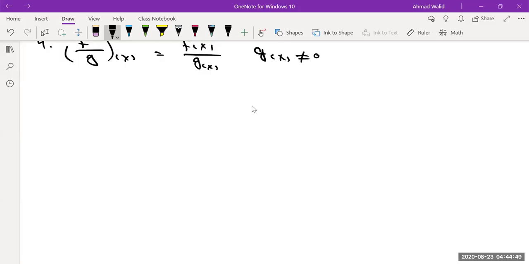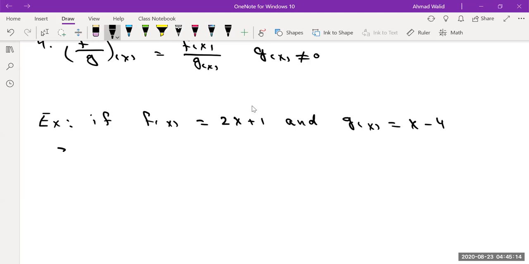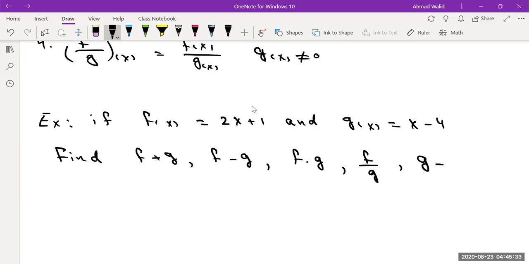Let's do a numeric example for these four. Example: if f of x equals, let's say, 2x plus 1, and g of x equals x minus 4, find f plus g, f minus g, f times g, f over g, maybe g minus f.